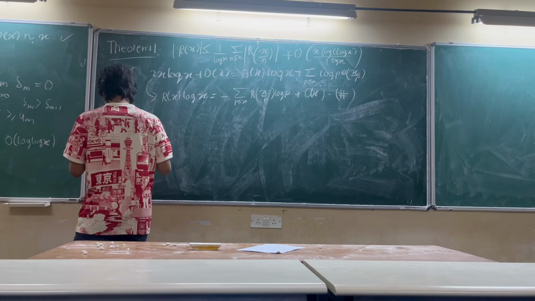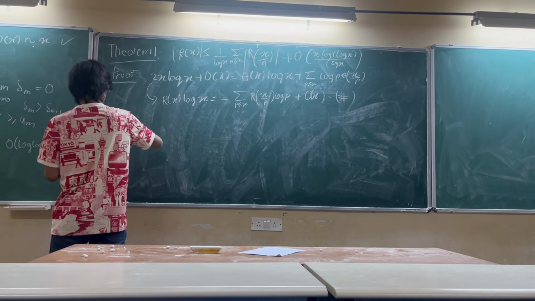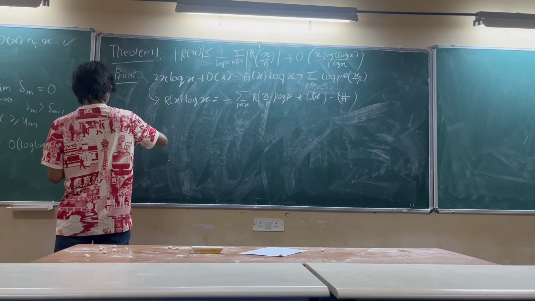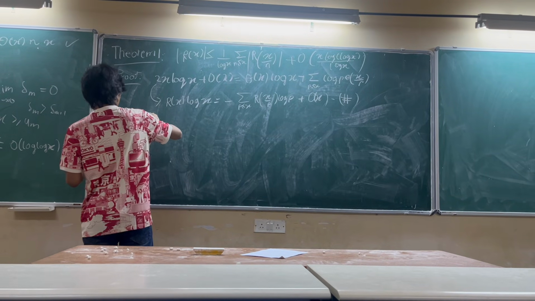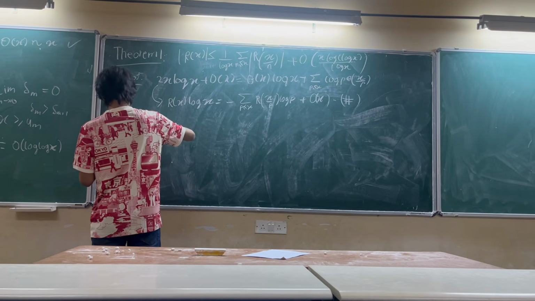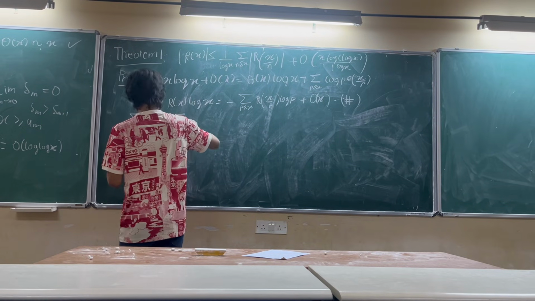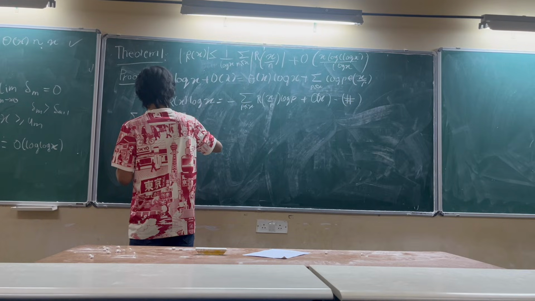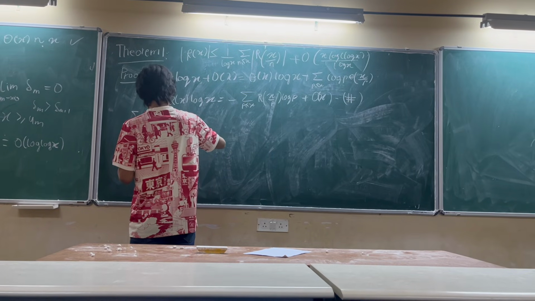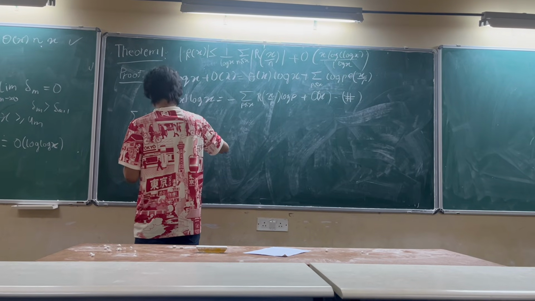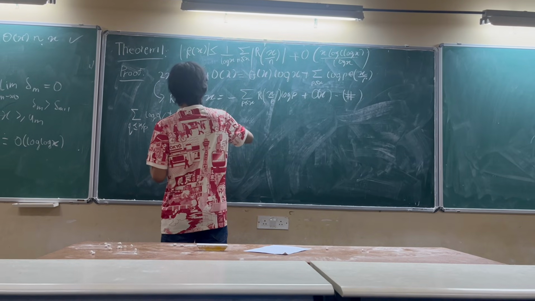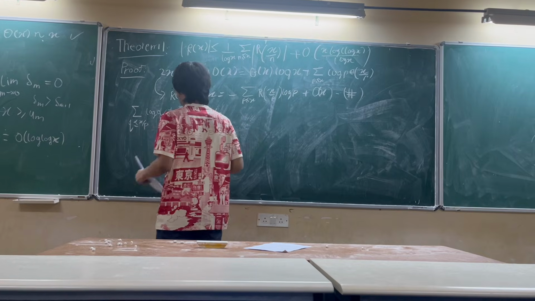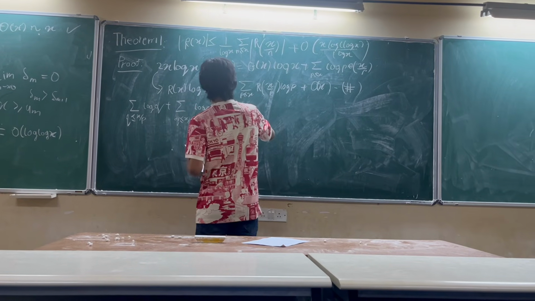For that, look at the summation q less than or equal to x by p of log 2 plus summation 2r less than or equal to x by p of log q log r. This is basically the Selberg first formula, instead of x I am writing x by p.